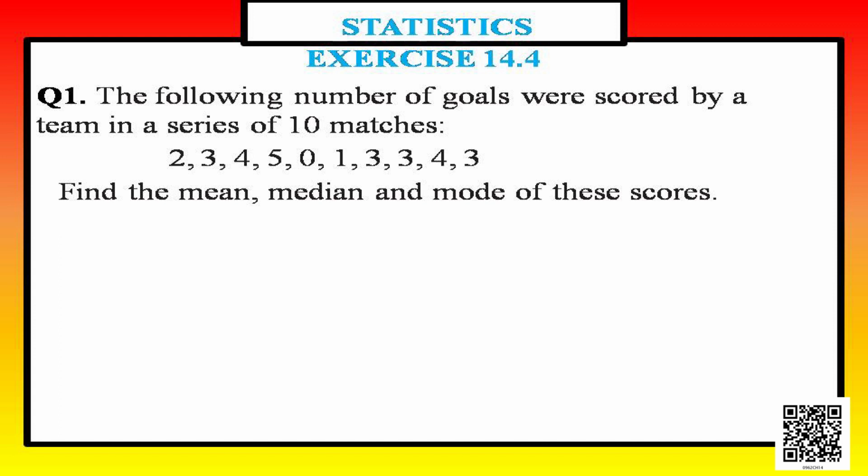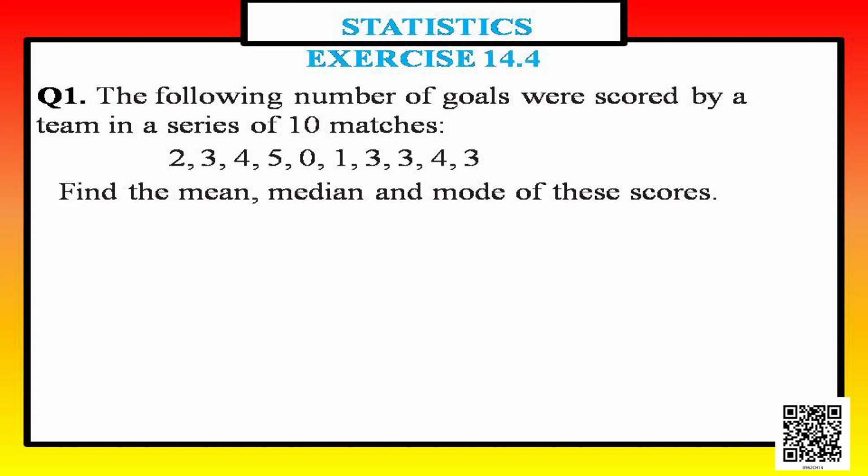Now let us move to the last exercise, exercise 14.4. Let us see question number 1. That says the following number of goals were scored by a team in a series of 10 matches, and the numbers are 2, 3, 4, 5, 0, 1, 3, 3, 4, 3.